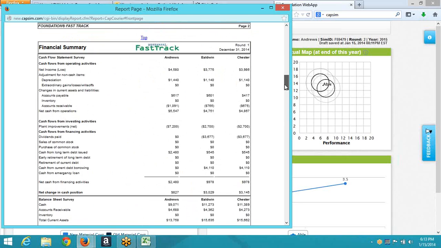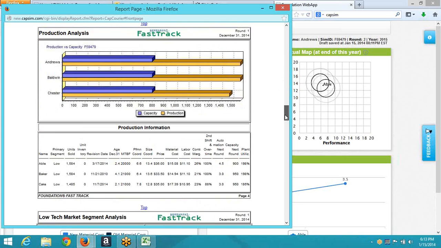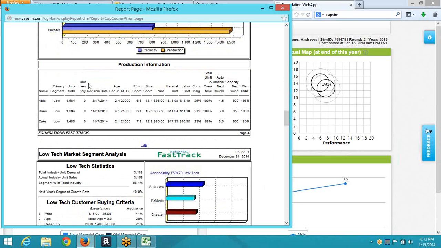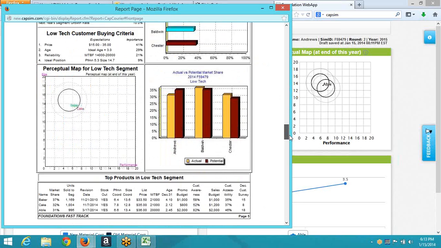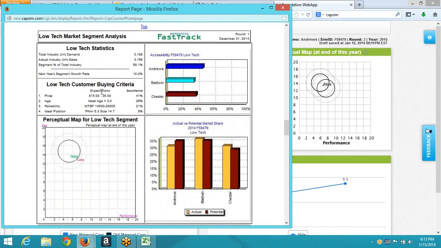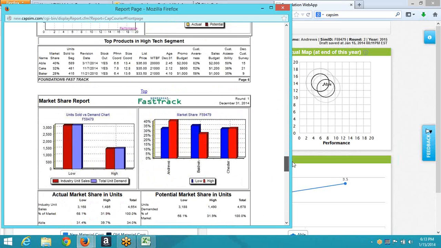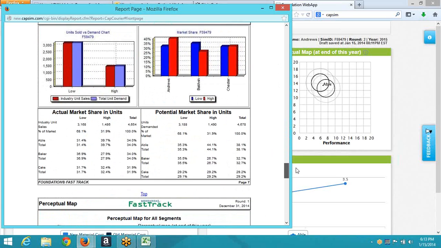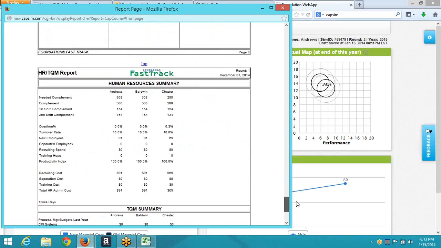It will tell you your financial summary and the production analysis: how much each team produced of their product and then sold, how many units of inventory they had left over, and everything like that. It will tell you everything about the low-tech segment, then the high-tech segment, and then your market share report.